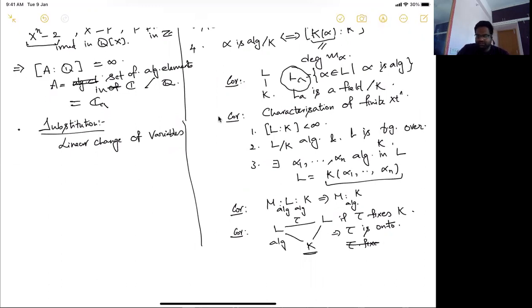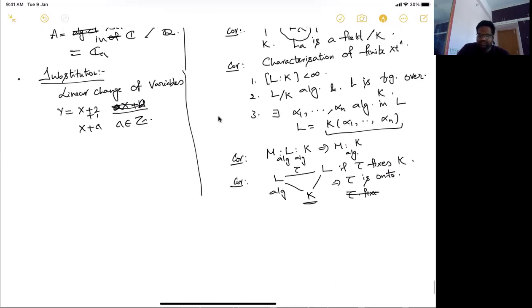This is useful when you cannot apply Eisenstein's criterion directly, in which case you change variables, where y is equal to x plus 2 or x plus or minus 1, or in general x plus a for some a belonging to Z. And make sure that this will induce an isomorphism from K[x] to K[y].